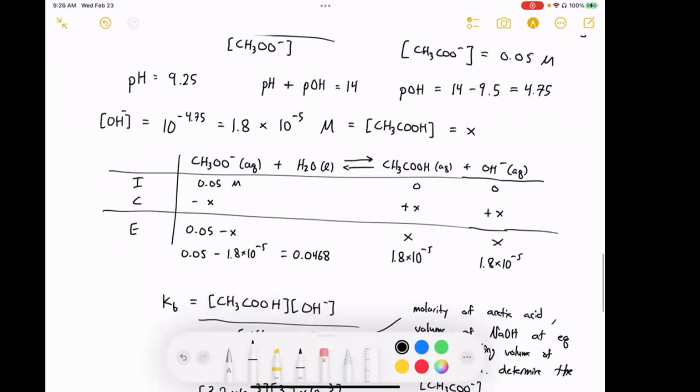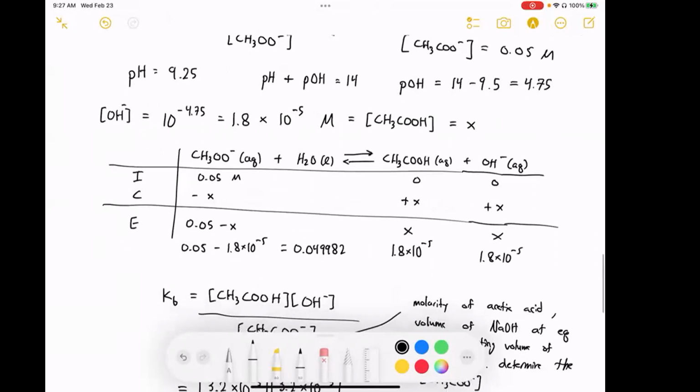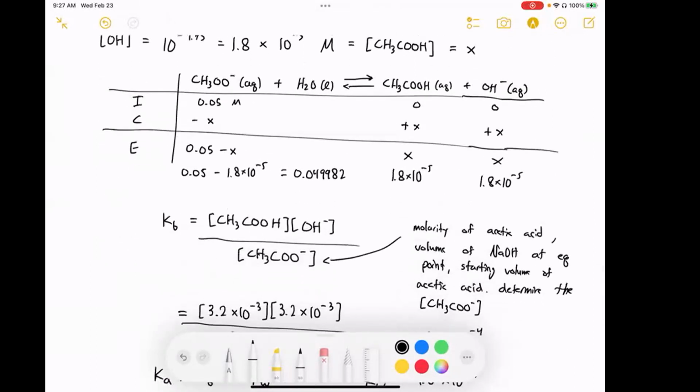Okay, so if we do that, that should say 0.05 minus 1.8e negative 5. That should still give us pretty close to our value here. It's still roughly 0.049982. So that's still pretty close to 0.05.